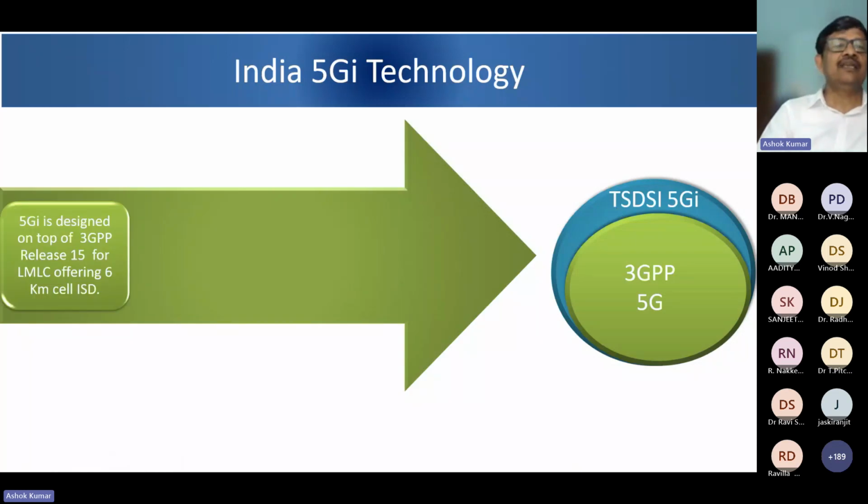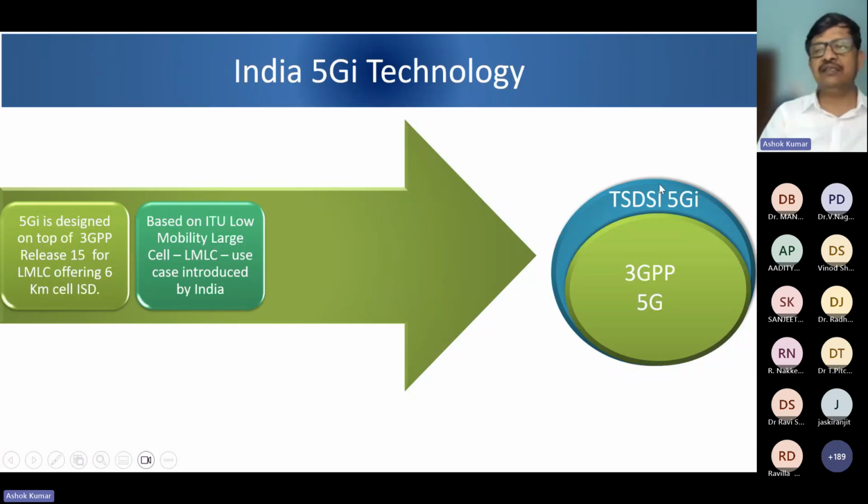What was that? That is LMLC, low mobility, large coverage. In India, coverage is the major requirement compared to mobility of 500 km/h. So to support this particular use case, certain changes were made in the standard. Initially, we went to 3GPP to introduce it, but we were not successful there.